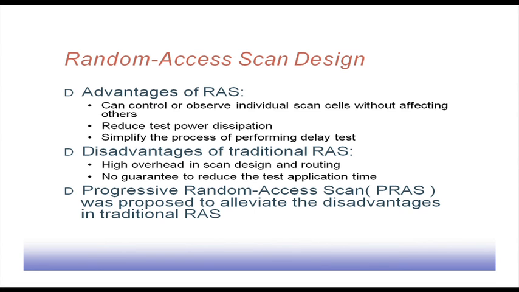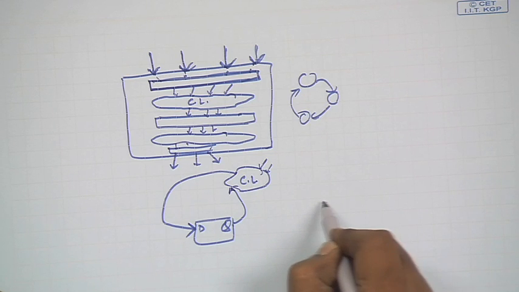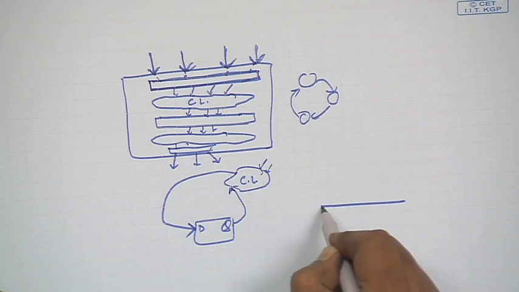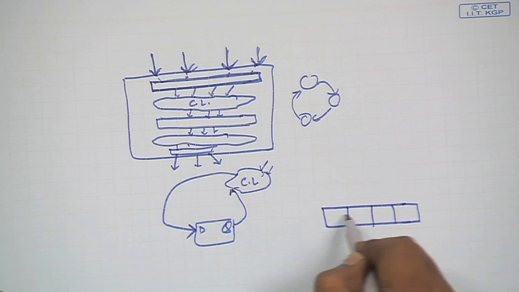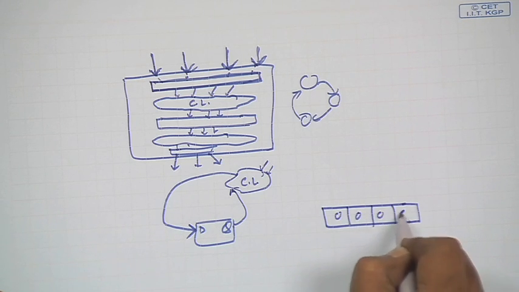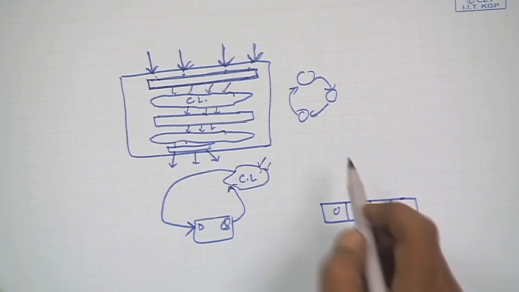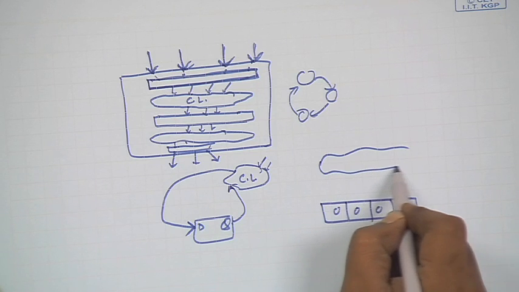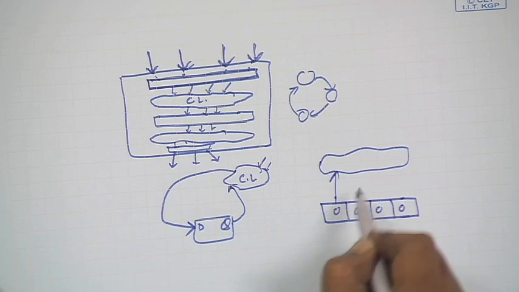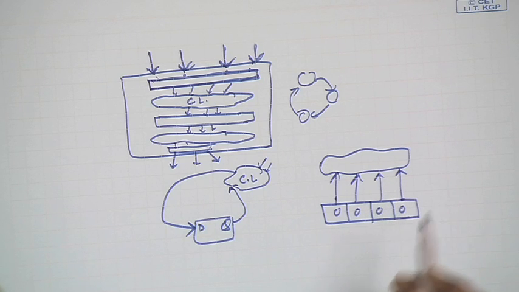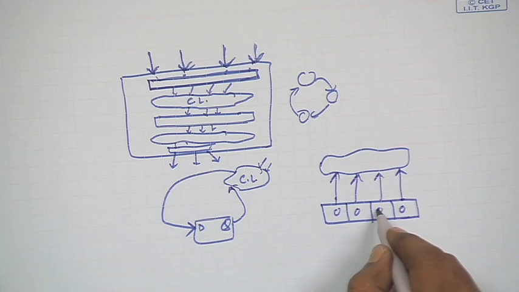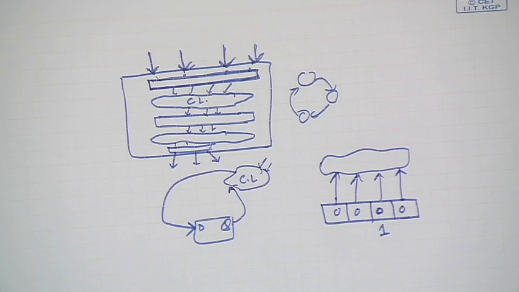What happens is that suppose I have a 4 cell scan chain, and I have initialized it to say 0 0 0 0, and there is a combinational logic which is being fed from this scan chain. Now, I want to make this particular cell 1.